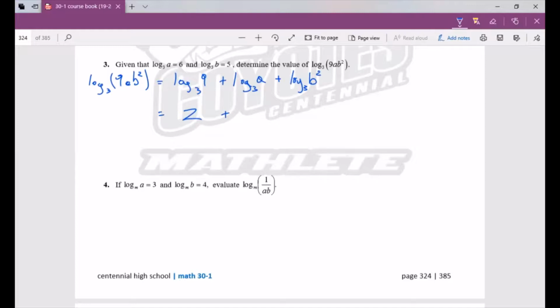This next term, log a base 3, we're told that's equal to 6. This log b squared, we have a little bit more massaging to do. Let's call it 2 log b base 3. And so this will be equal to 2 plus 6 plus, what do we have? We have log b is 5, so 2 times 5. So this is all equal to 18.